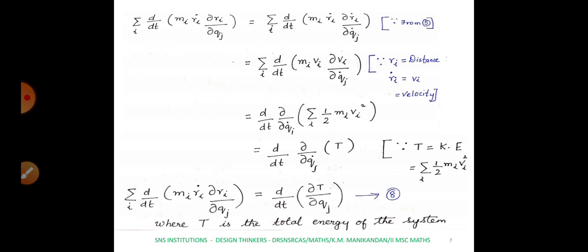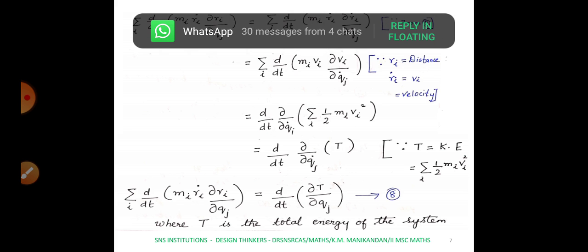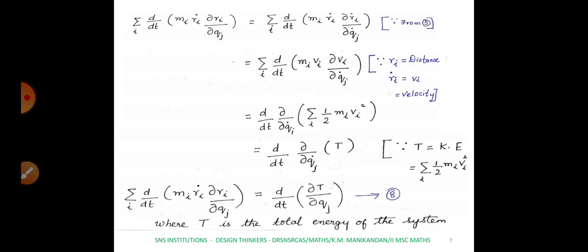So we get summation i of half into mi vi square, a differentiation term. Here half into mi into vi square represents the total kinetic energy of the system. So finally we get d by dt of dou T by dou qj dot. This is the answer of summation i of d by dt of mi into ri dot into dou ri by dou qj, where T is the total kinetic energy of the system.